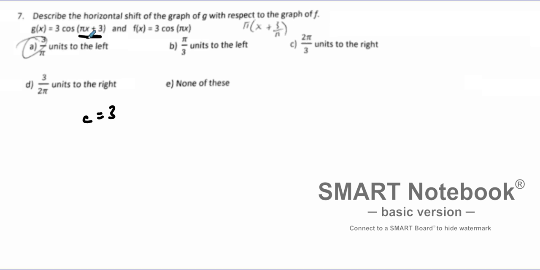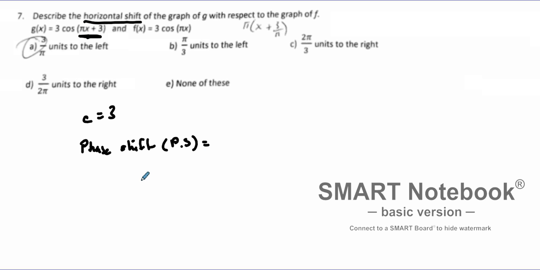However, when you want to figure out anything inside, our horizontal shift, it's sometimes called phase shift, or PS. We want to solve for this value. Essentially, what are we doing to the original value?